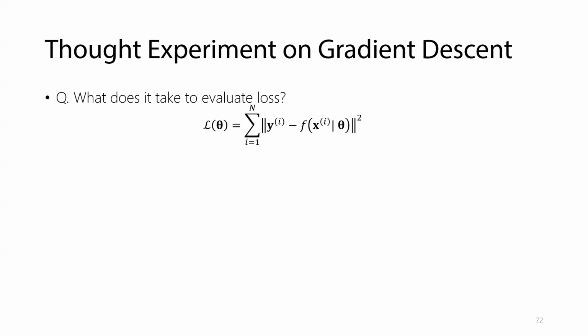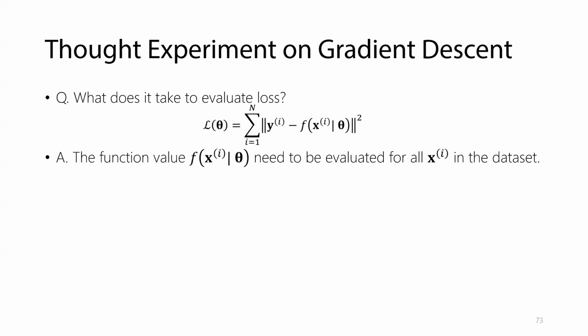We also have the model F, which usually has millions of parameters or sometimes billions of parameters. So in terms of evaluating the loss, what computationally it takes is we need to evaluate the function value N times, at each and every single image X. Agreed?